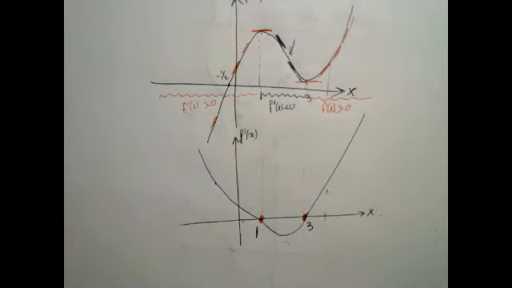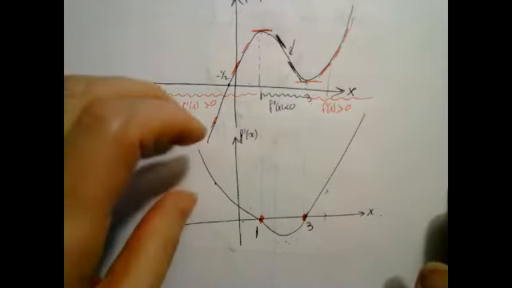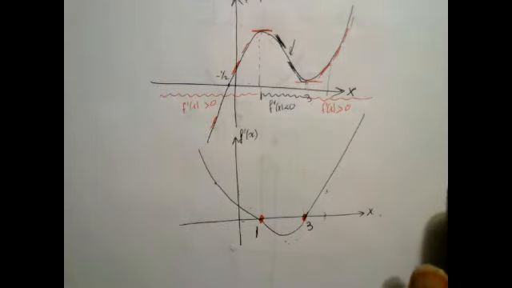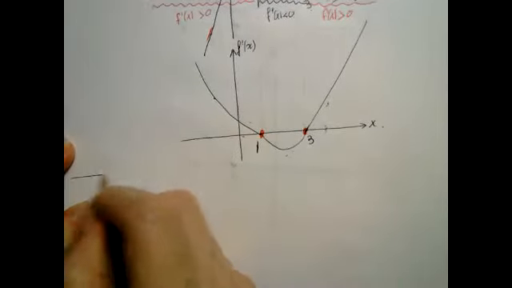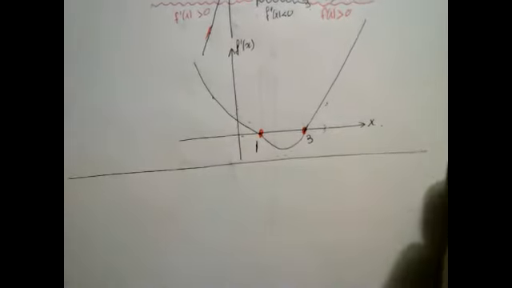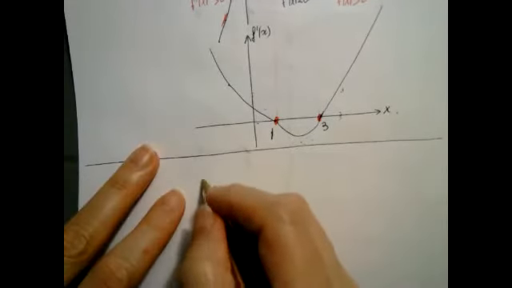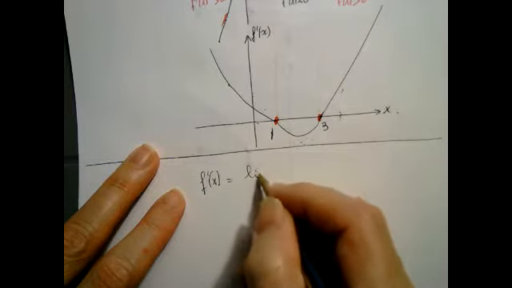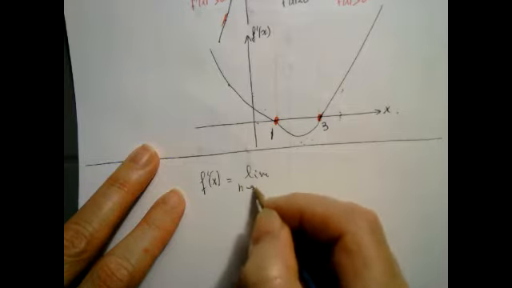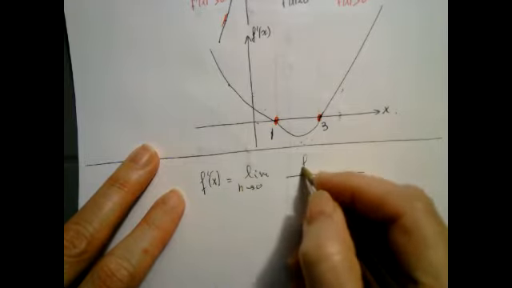Okay. We're going to do more, but now I'm going to take a little bit of a break, talk about an idea, and then I will come back to sketching. We're going to talk about the following idea. The derivative is a limit. The derivative is a limit of a ratio.